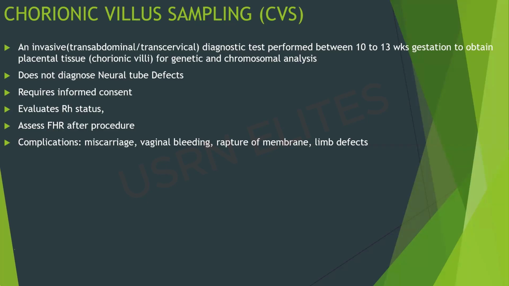So know the genetic disorders. Cystic fibrosis is a genetic disorder. Sickle cell is a genetic disorder; it's recessive. For those genetic disorders, we can do chorionic villus sampling or amniocentesis to detect them, but not neurodevelopmental conditions.